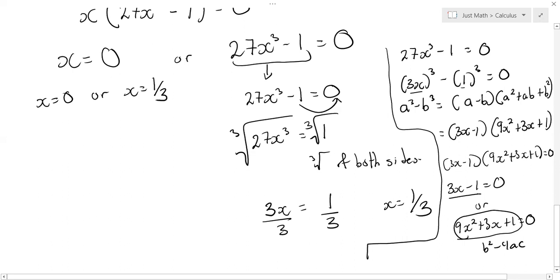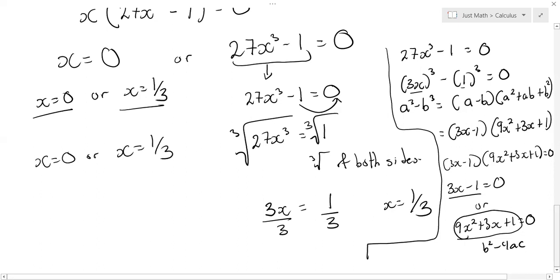Well, if you find x from the first factor, you're still going to get x as 1/3. Just showing you all the steps. But in the end, we have x equals 0 or x equals 1/3.